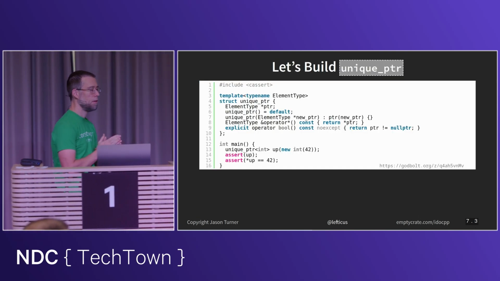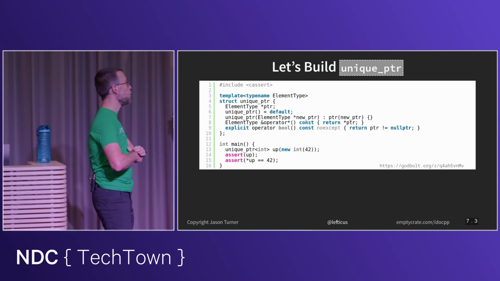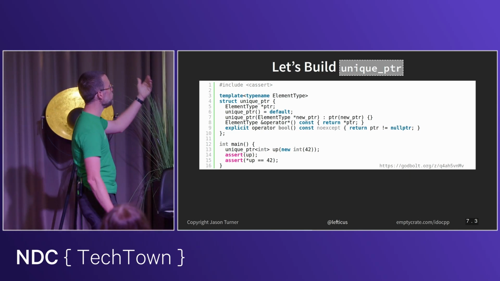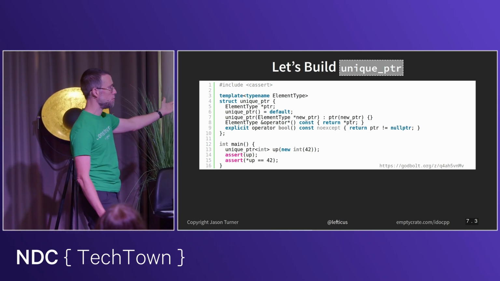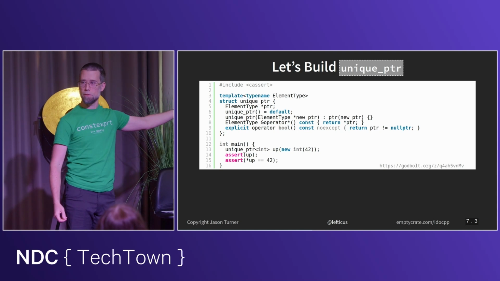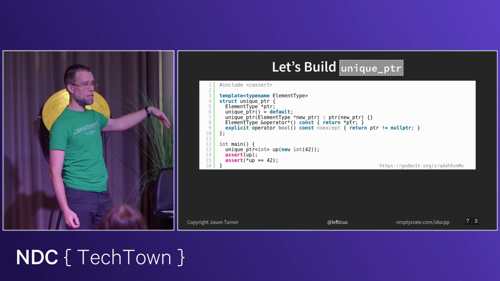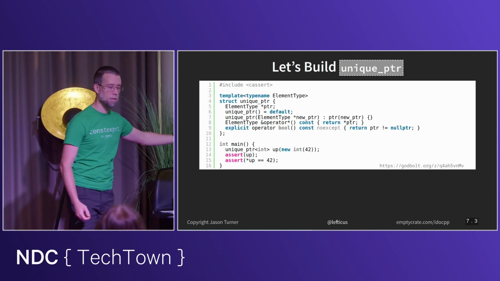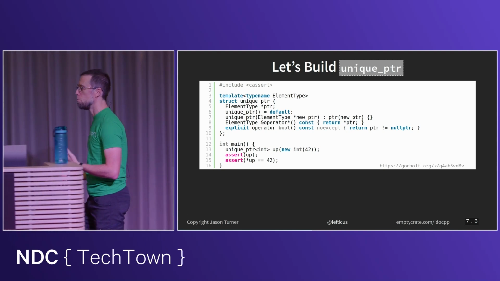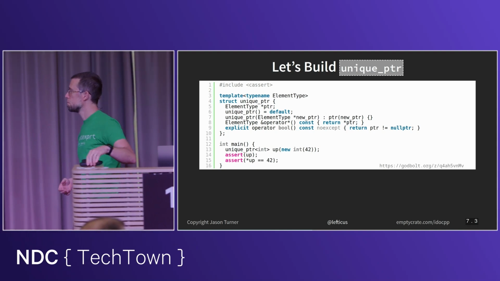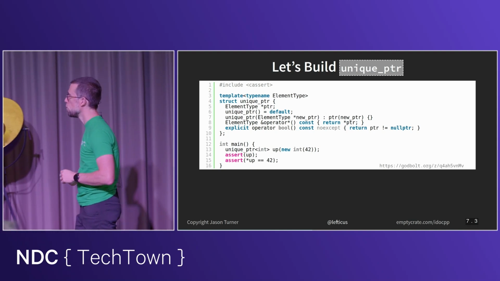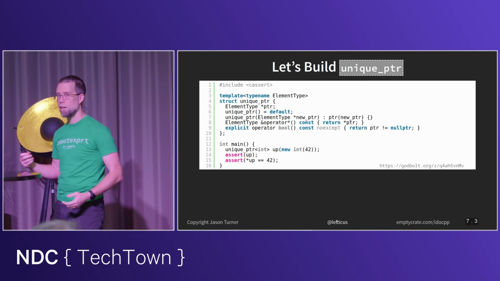OK, let's build a unique pointer. Do you see my unique pointer implementation and the set of tests that I have? Go ahead and stare at this for a moment. See if you find any bugs in it. See if you think it has a full test suite.